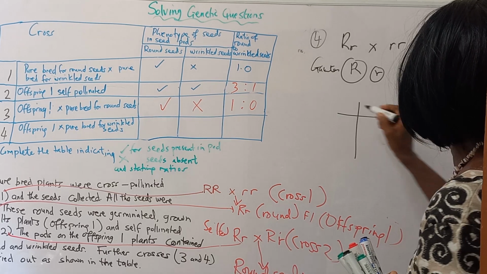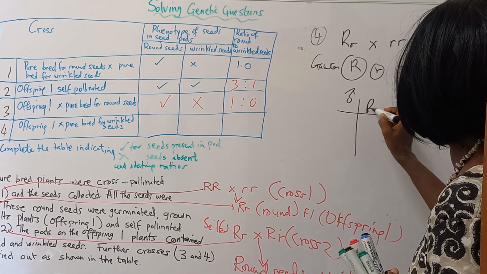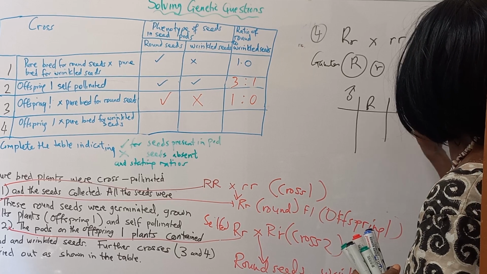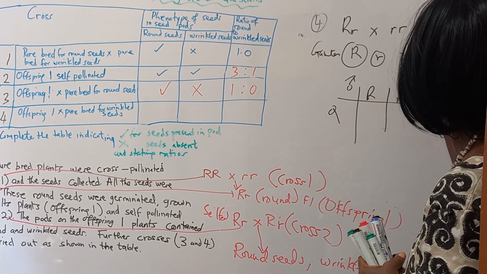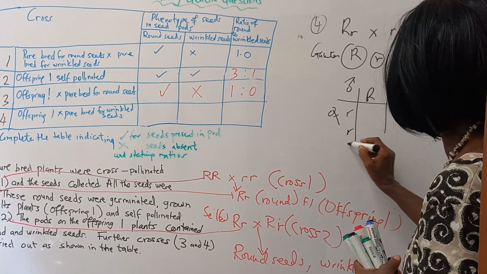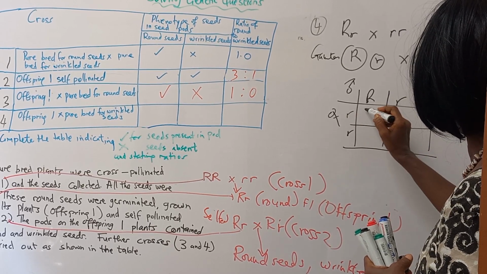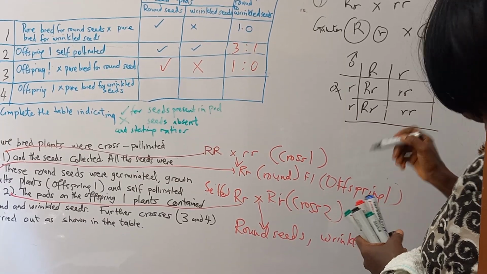Punnett square, our males are here. If this is the male, we have big R, small r. The female is on this side. This is the female, so small r, small r. Fertilization will take place. We have big R, small r, small r, small r.